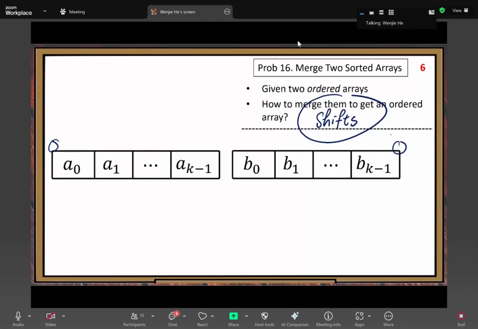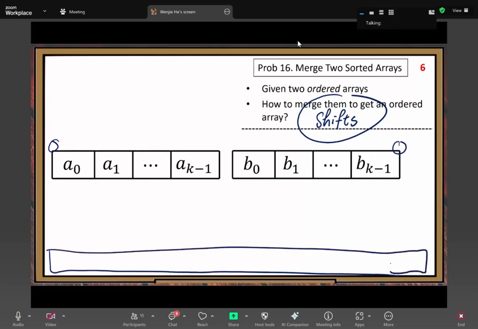So this time, we do this. We imagine some destination array. So these two arrays are our two input arrays. Then this is our output array, the destination array, because we imagine the whole array at the end should be sorted.